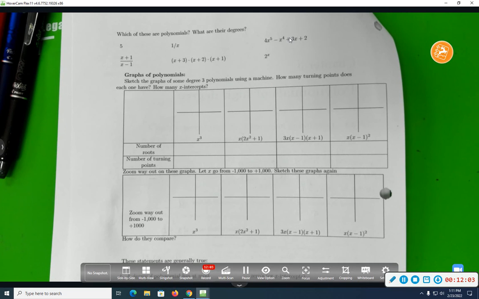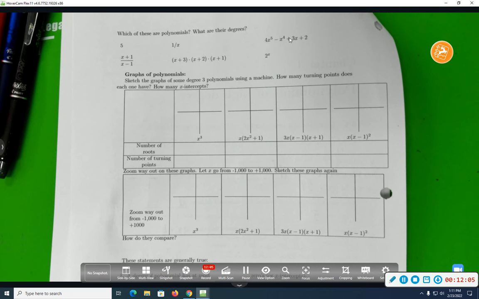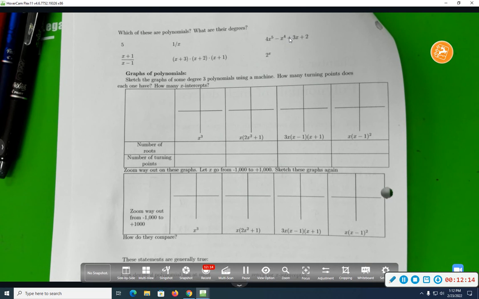Is 5 a polynomial? Vote for yes. Anyone for no? Those who said yes, what is its degree? 0. Right? A constant function is a degree 0 polynomial. It's silly to think of it as a polynomial. You should just think of it as a constant, but it is a polynomial.